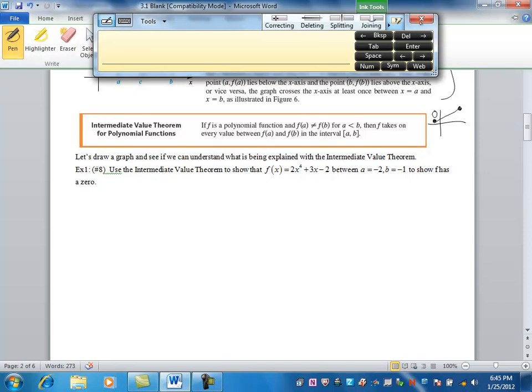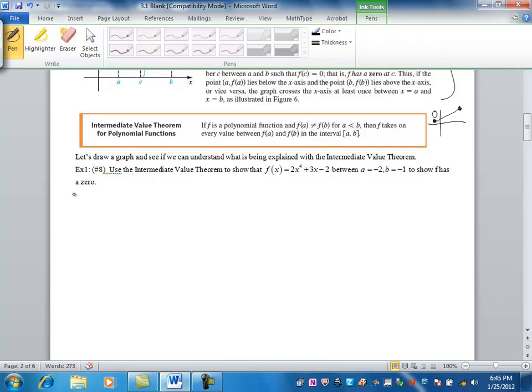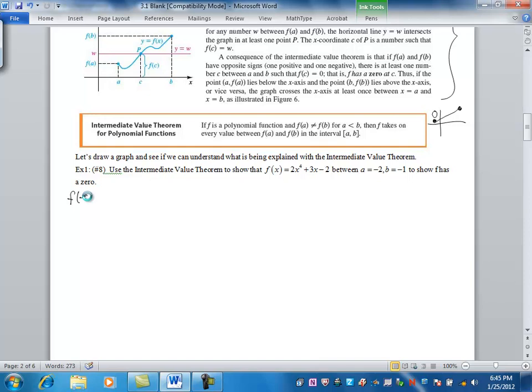Let's evaluate our function at negative 2. F of negative 2 equals 2 times negative 2 to the 4th plus 3 times negative 2 minus 2. And, well, when we do the calculations here, negative 2 to the 4th is going to be 16, times 2 is 32, minus 6, minus 2.